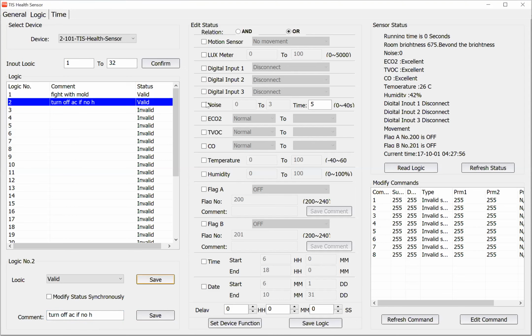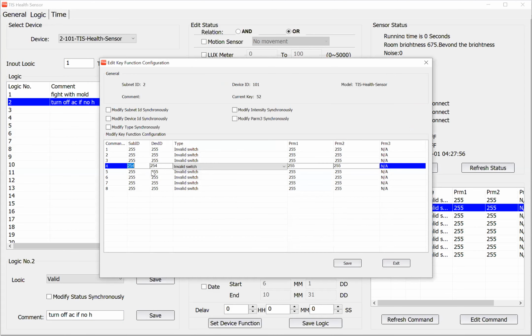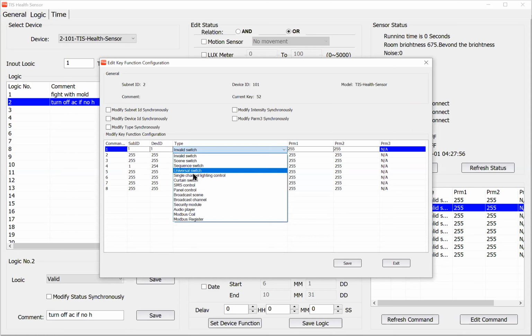Now I program: if the humidity is between 0 to 40%, then turn off the air conditioner.